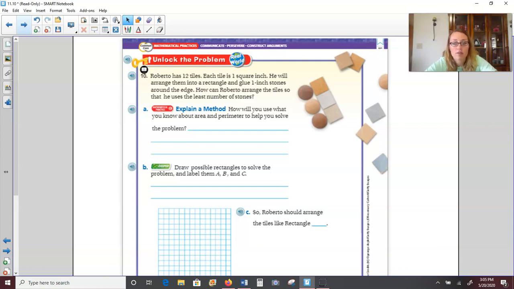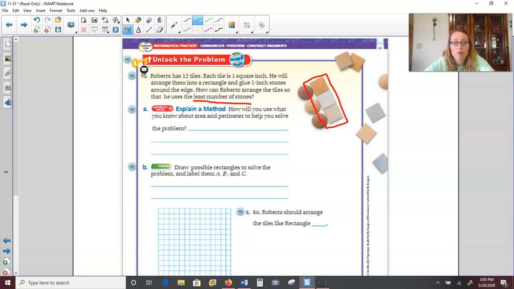So it kind of sounds odd. I don't understand what he's doing here. All right, but anyways, he's got rectangular tiles, and then he's putting some round stones around the tiles. He wants to use the least number of stones. So that means we're looking for the smallest perimeter to go around whatever it is he's making.